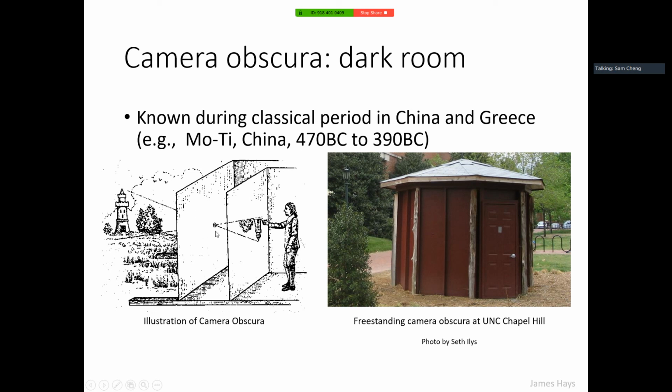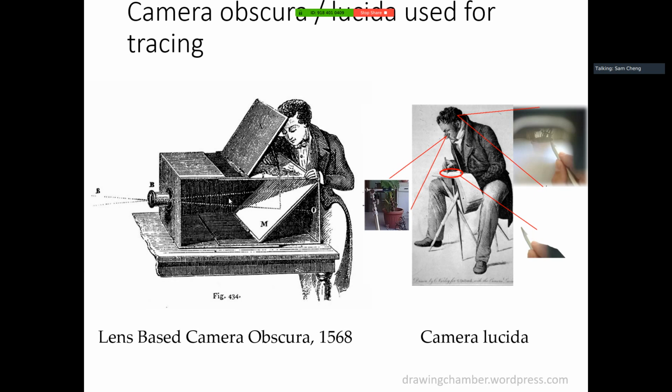As a kid maybe you tried that also, you make a tiny pinhole and the far away scene is able to project onto the back, an image like this. This is like the ancient camera.